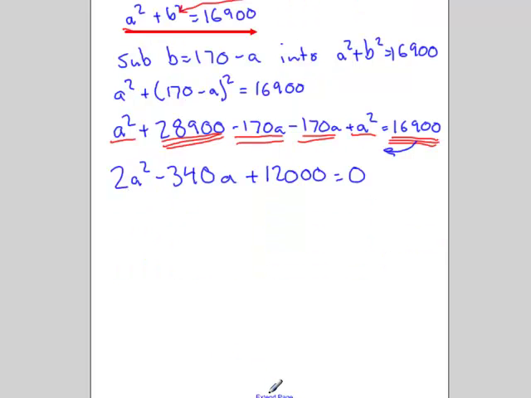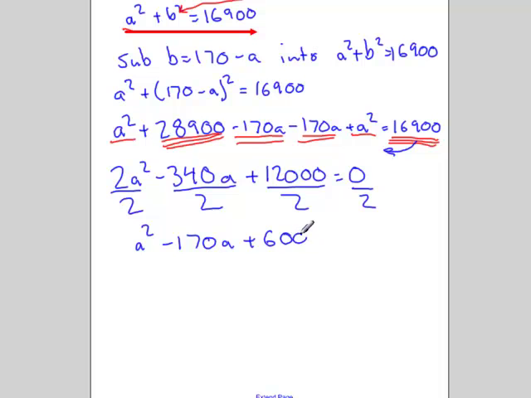From here I can choose to do a couple of things. I can choose to factor immediately, I can divide by a common factor of 2, or I can go straight to the quadratic formula. I'm going to divide by a common factor of 2. As I do that, I have to do that to each term, including the 0 on the other side. That leaves me with A squared minus 170A plus 6,000 is equal to 0.